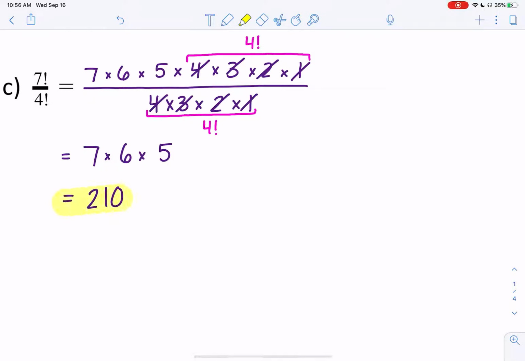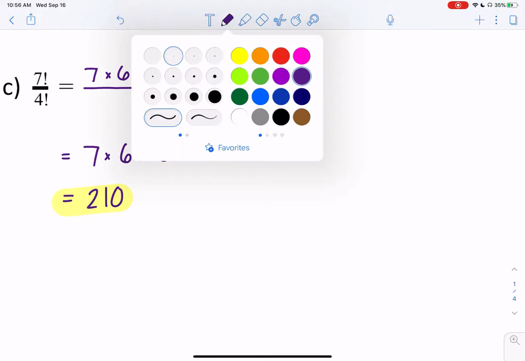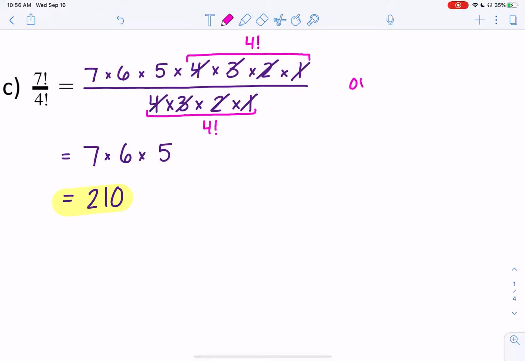Now the other way I could have written this, which is important to note, is I could have said 7 times 6 times 5, and instead of writing times 4 times 3 times 2 times 1, I could have just said times 4 factorial. And then in the denominator, I could have just left it as 4 factorial.